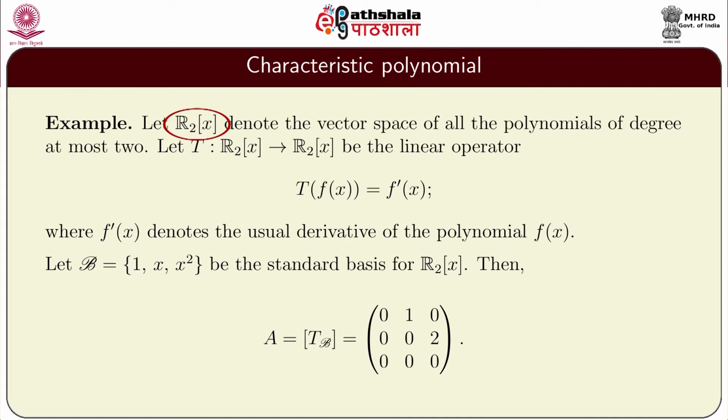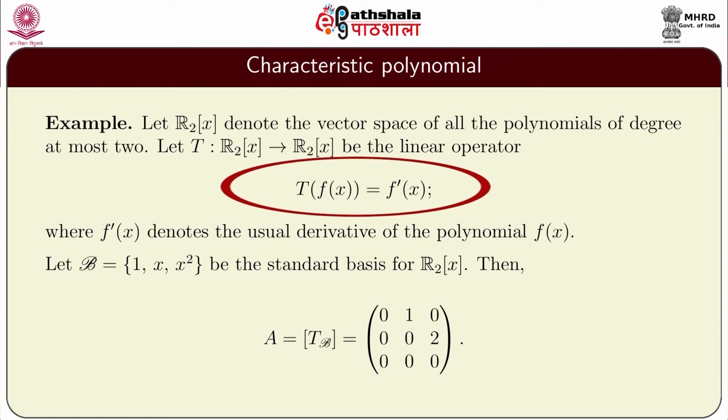Let R2[x] denote the vector space of all polynomials of degree at most 2 with real coefficients. Consider the linear operator T, which is defined as T of f(x) is equal to f dash x, where f dash x denotes the usual derivative of the polynomial f(x).